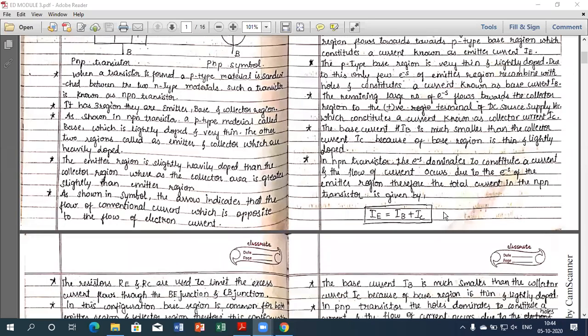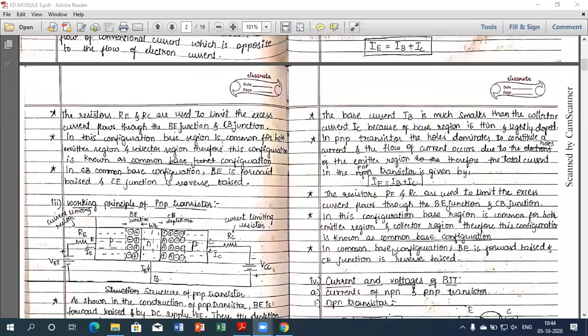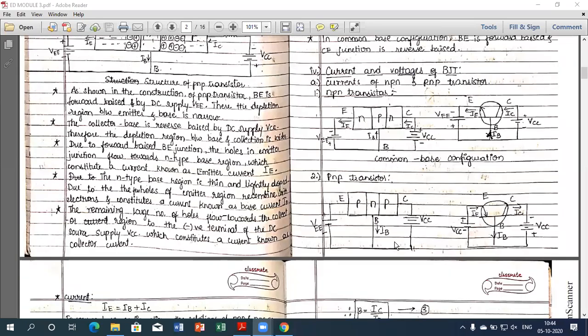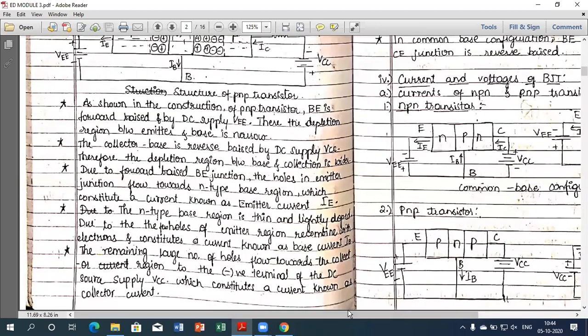After this, we have concluded that the emitter current is always equal to IB plus IC, where the emitter current is the reason for the flow of base current and collector current. Now, using this concept, we'll move on to the next topic: currents and voltages of BJT.